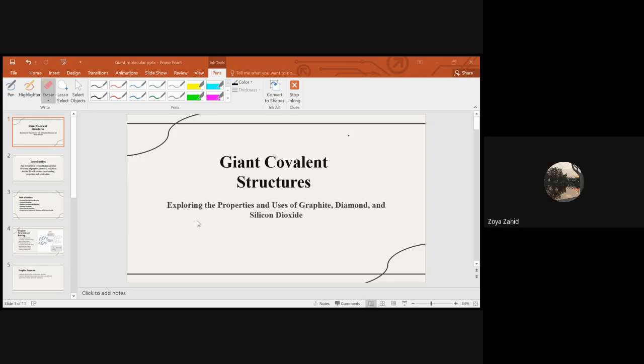Okay. If you look into the structure of the ionic compounds, they're alternating positively charged and negatively charged ions, and these strong electrostatic forces of attraction between the oppositely charged ions are present in all directions.